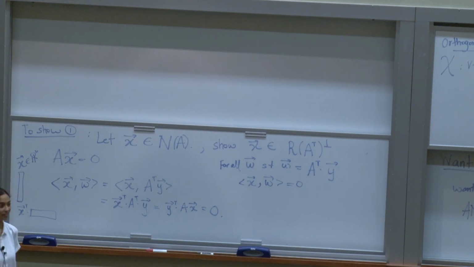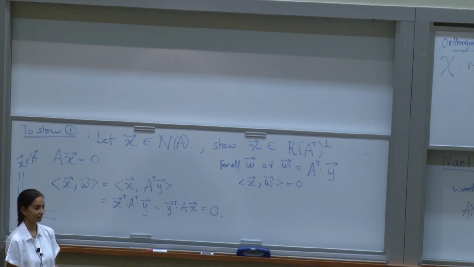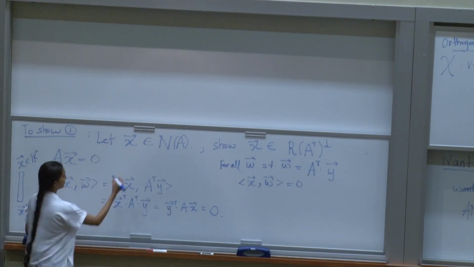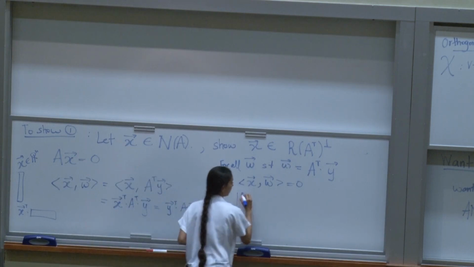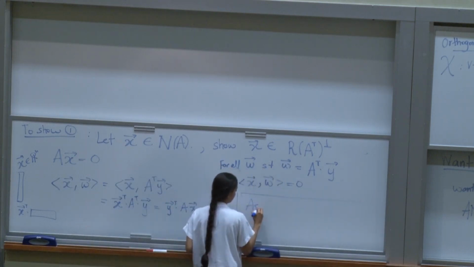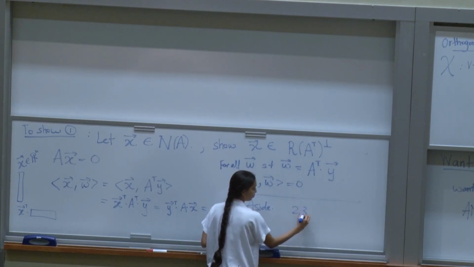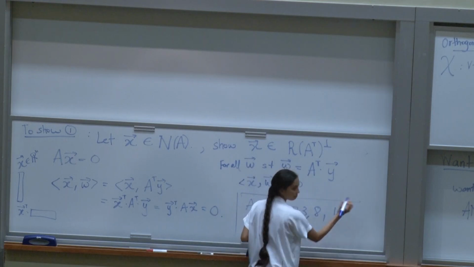So you said you were allowed to take the transpose of it because you knew it was a scalar. Good, great question. So what is a scalar, right? A scalar is some number, something like 2 or 3 or 8 or 10 million.